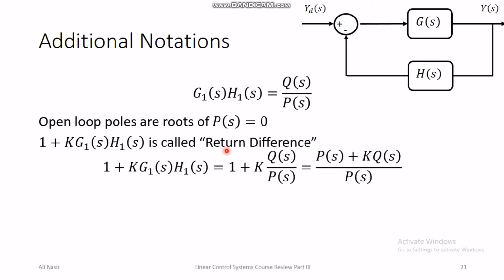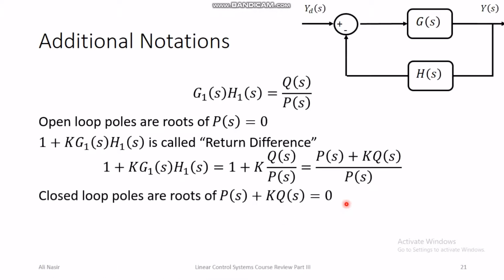The return difference can be written as 1 plus k into q over p, because G1(s) H1(s) is q over p. If you take p as an LCM, this is the expression for the return difference, and in this expression it is clear that the closed loop poles are the roots of p(s) plus k times q(s) equals 0, which are basically the zeros of the return difference.